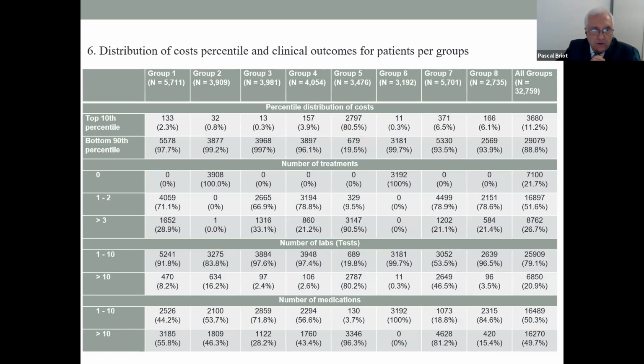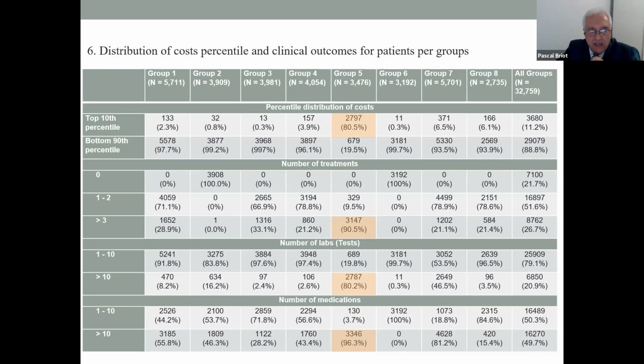And so then we start to look at clinical outcome, continuing with numbers of treatment, labs, and medication, that tend to be associated with high cost in healthcare systems. And Gilles, if you want to click, please. And there again, what pops out really out of all the other groups, or maybe with the exception of group 7 when you look at number of labs, which will be interesting to investigate a little bit, but it again is this group 5.